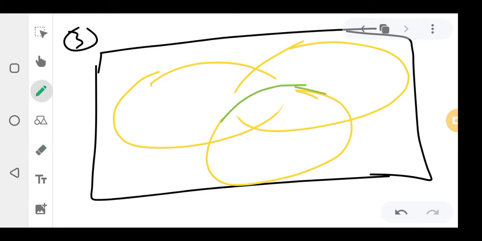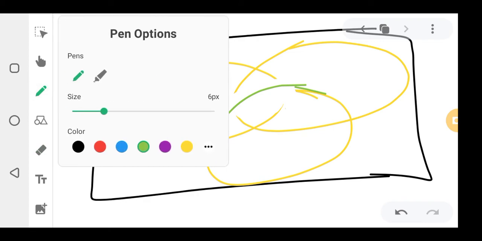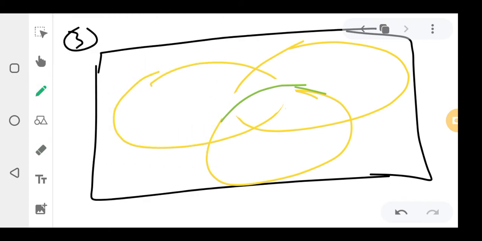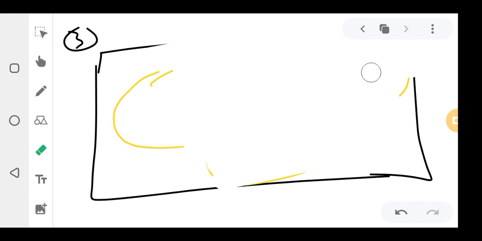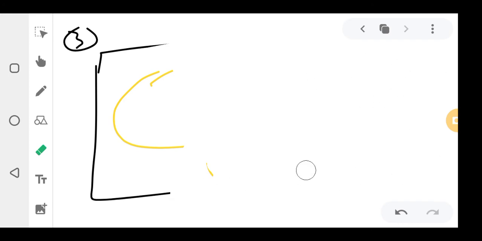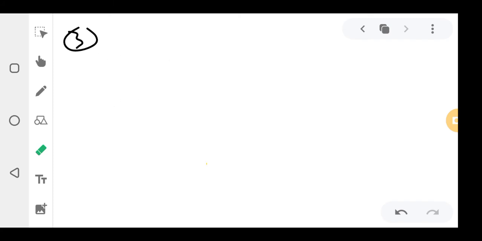Let me just rub the whole diagram so that we write it in a more presentable manner, so that you can easily understand and relate to this.